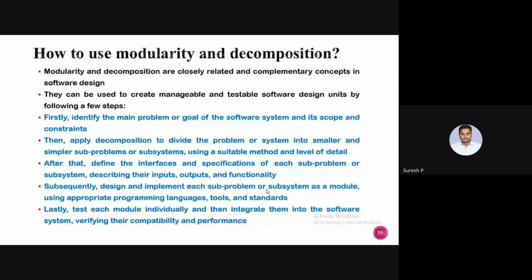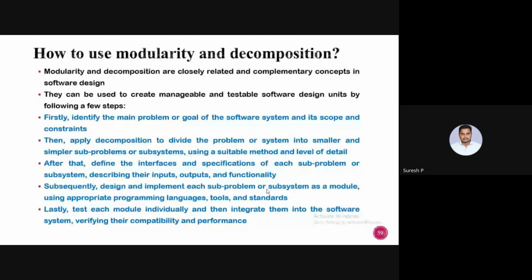Like subtraction, input will be 2, output will be 1, and the functionality will be subtraction. Like that, we have to identify what the inputs for that subproblem are, what the output will be, and what the functionality will be, and whether the output of this subproblem should be given to another task. That also has to be identified.